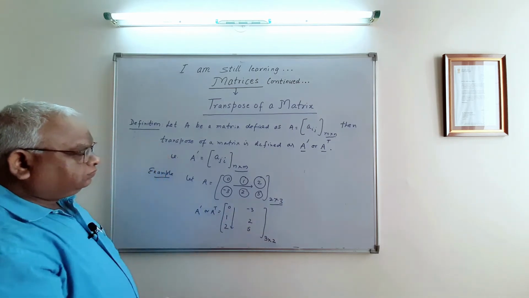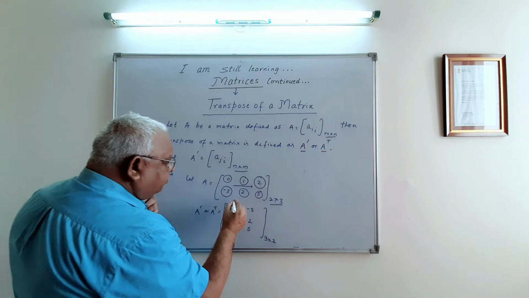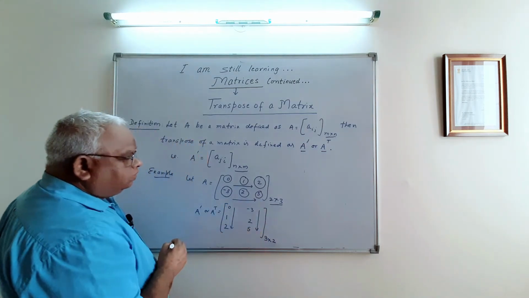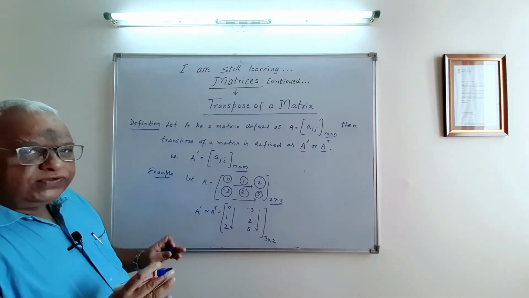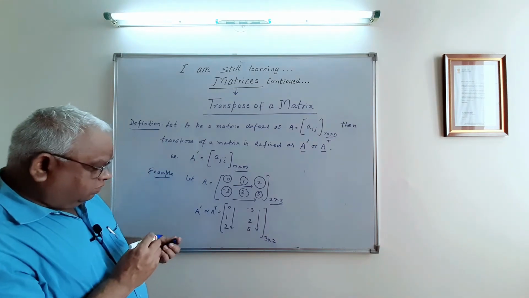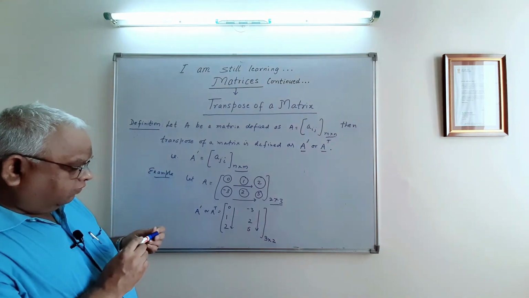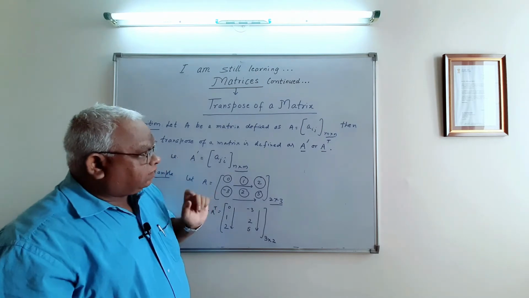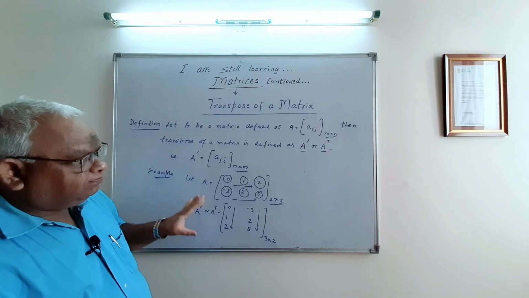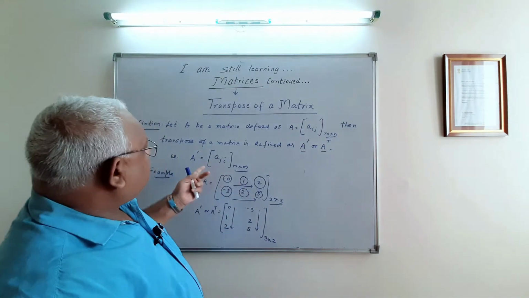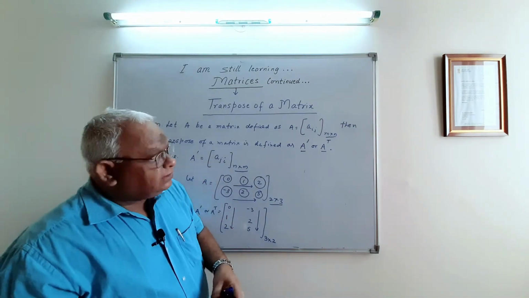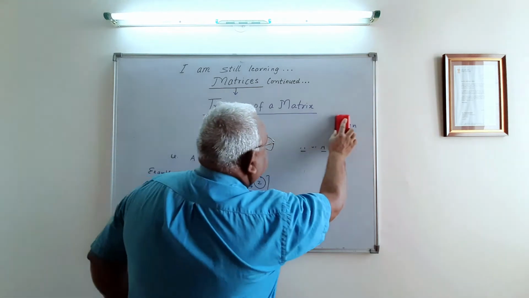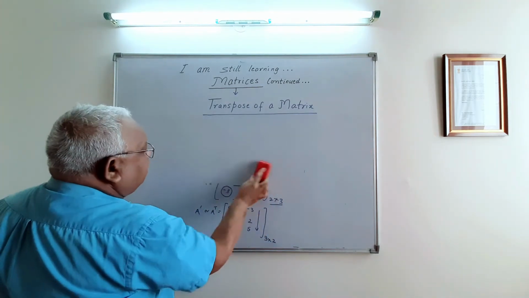So basically what happened? The second row will become the second column. This is the procedure of the definition part of transpose of a matrix, and this is how it happens. I hope you have understood it. Let us continue further with more on transpose of a matrix.